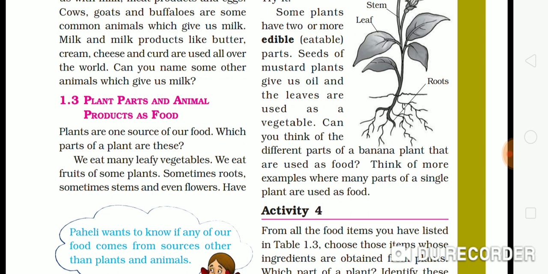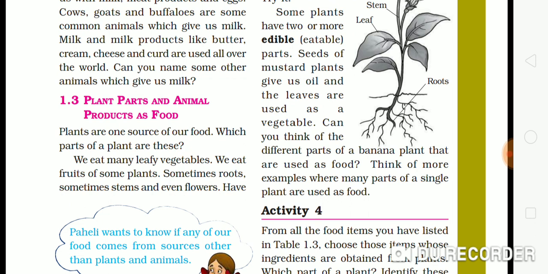You must be knowing about them. So leaf is also a part, it is the food factory of the plant. These all are the leaves which we consume.